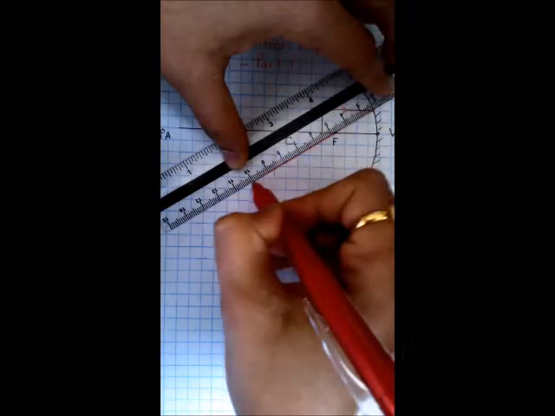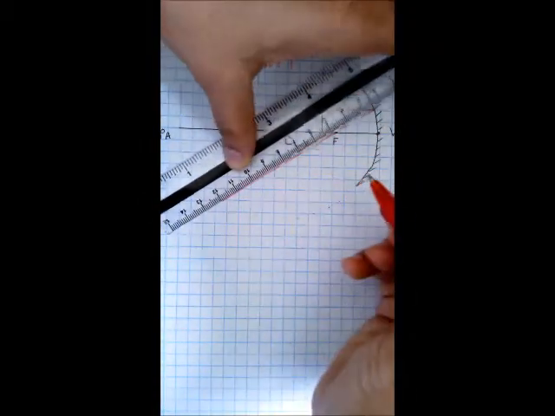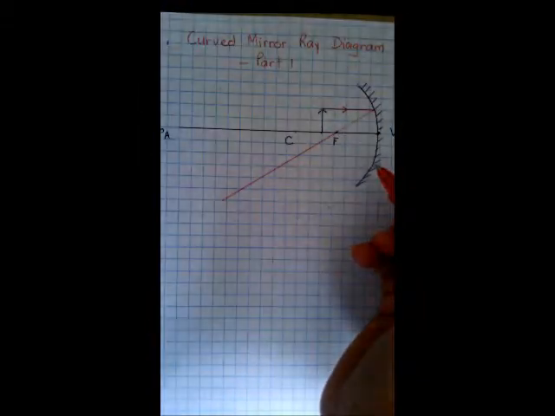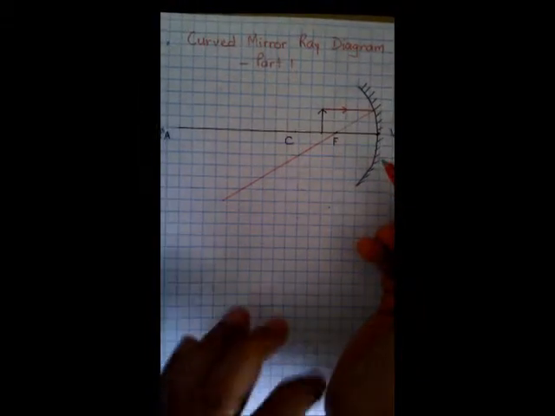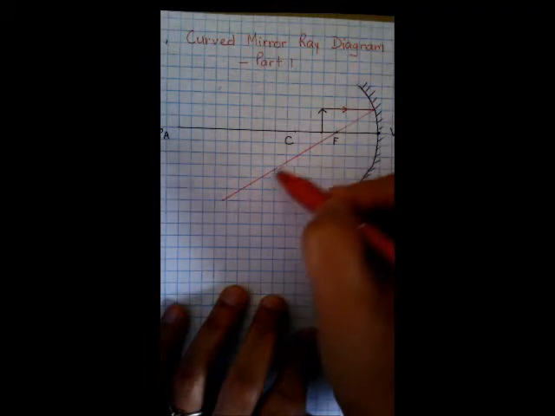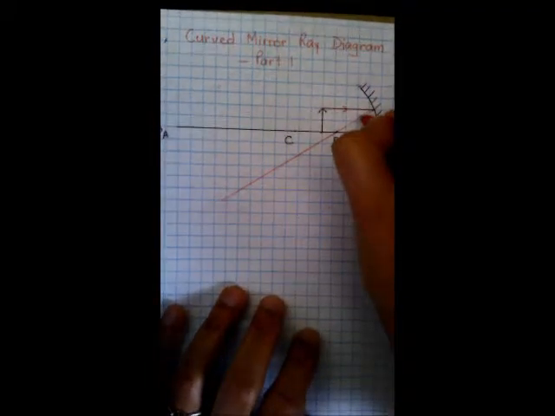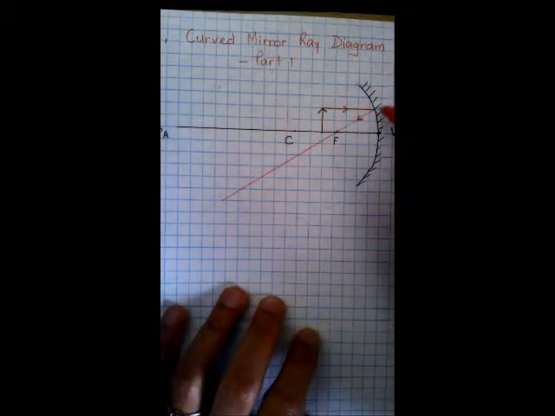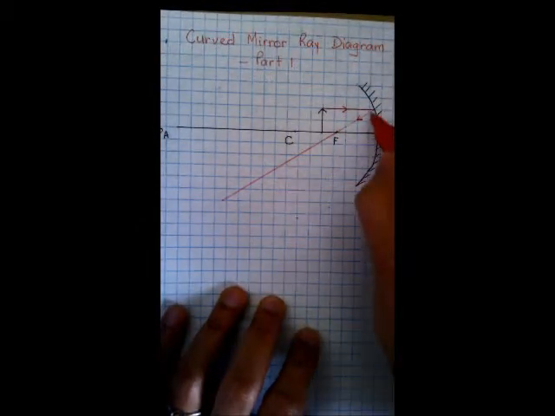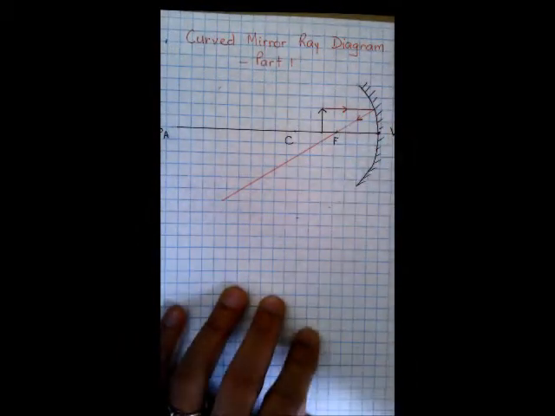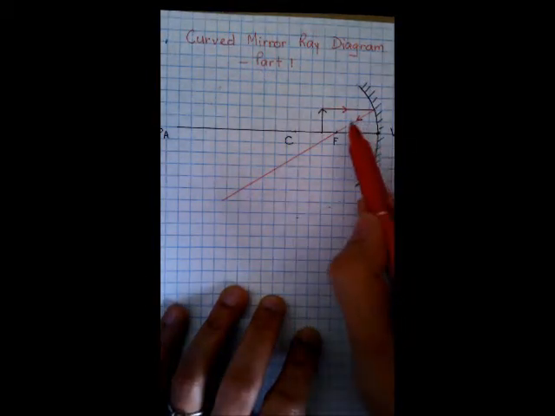So draw your reflected ray, extend it longer, because you will need that extended ray later. This time the arrow is facing away from the mirror, representing this as the reflected ray. So that is our ray 1.